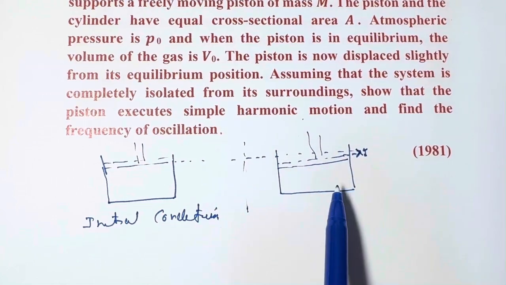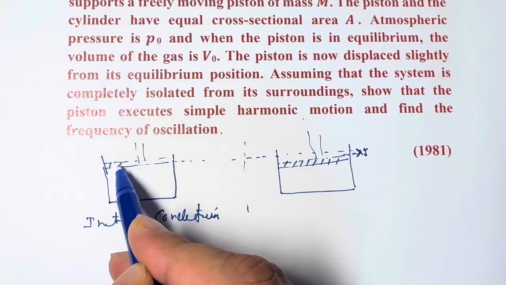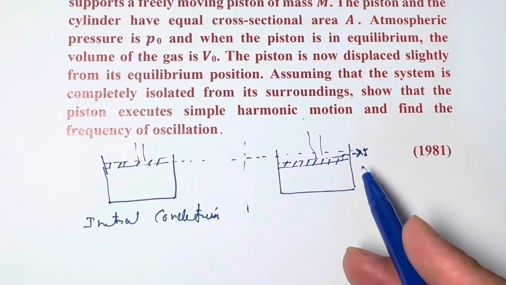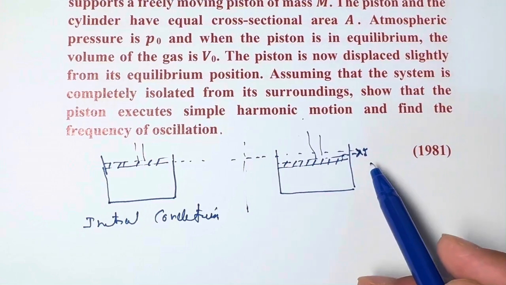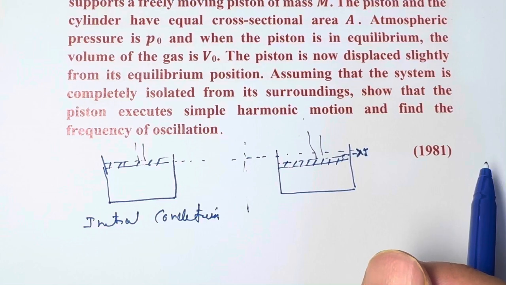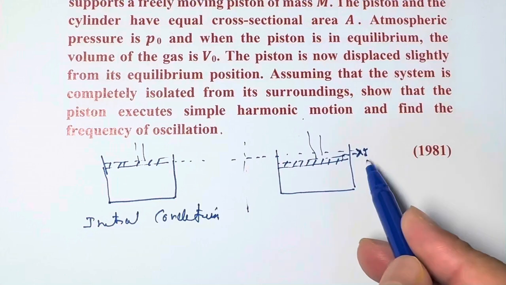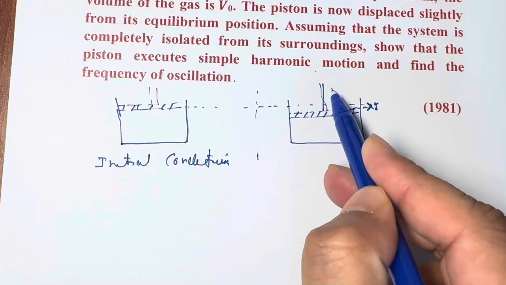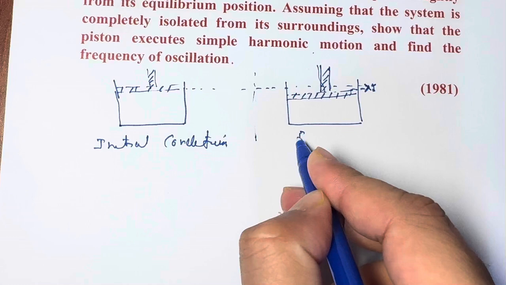The piston could be pushed downward or pulled upward, it is not mentioned in the question. So we can say it is displaced slightly from its equilibrium position by a displacement of x. For the sake of convenience, let us say that it is moved in the upward direction by a displacement of x. So this is your final condition.